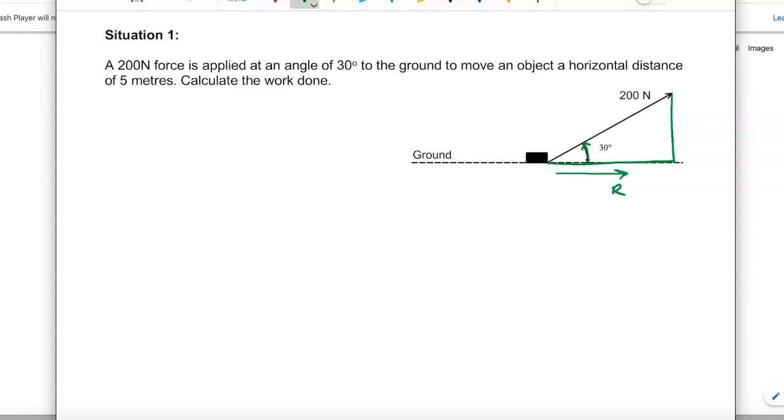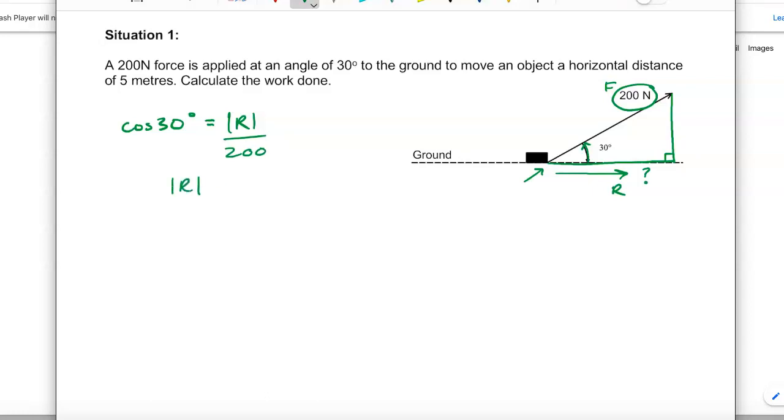So if we look from this angle, we can see that we want to know the adjacent side, and we know the magnitude of our force, which is the hypotenuse in this right angled triangle. So we could say the cos of 30 degrees should be equivalent to the result, or the magnitude of that movement, divided by a force of 200 newtons.